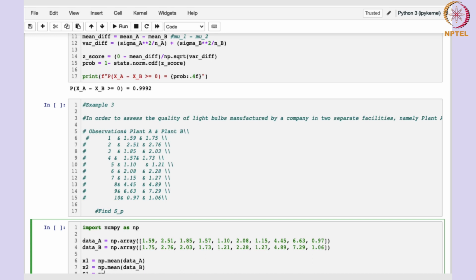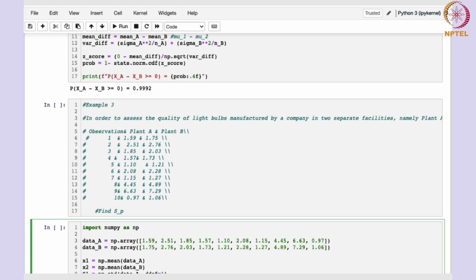Here we will use the std function from NumPy for data_A, and here we will also need the degrees of freedom. Basically we need to specify this so that it calculates the sample variance and not the population variance. I explained this delta degrees of freedom last class. So ddof here also will be 1. If it is 0, it will consider it as the population variance.